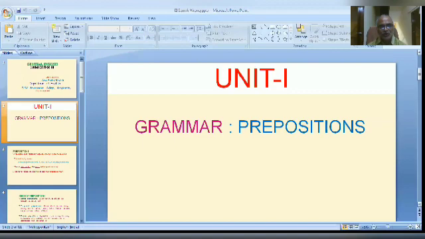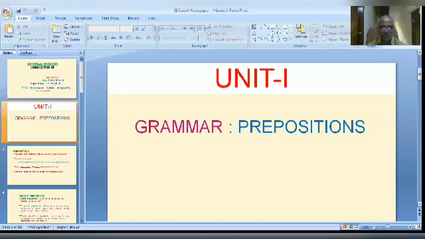So you are supposed to have the rudimentary, that basic knowledge on prepositions. So basically prepositions are those words which tell the relationship between the words of a sentence.